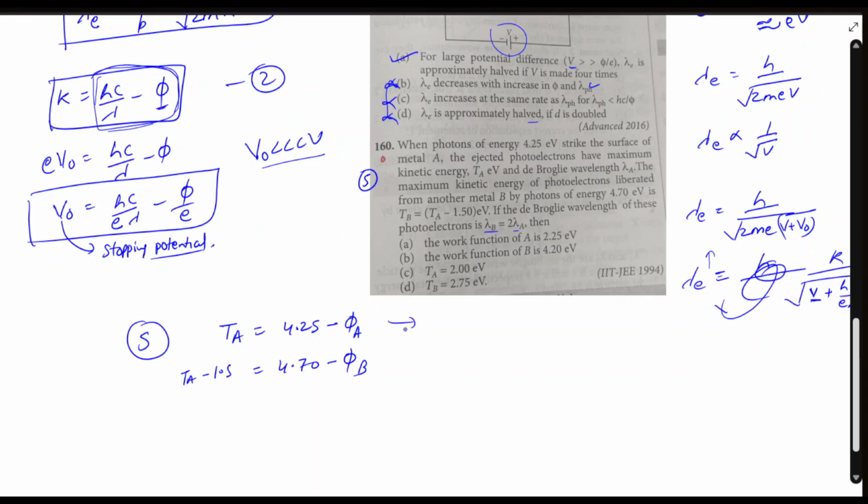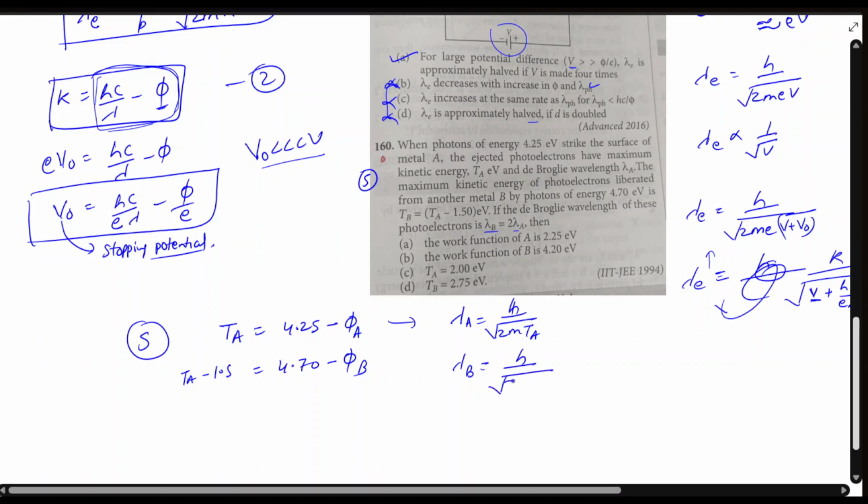So for this we can write lambda A will be h upon root 2 m TA, and lambda B will be h upon root 2 m TB, and this is TB actually, right?